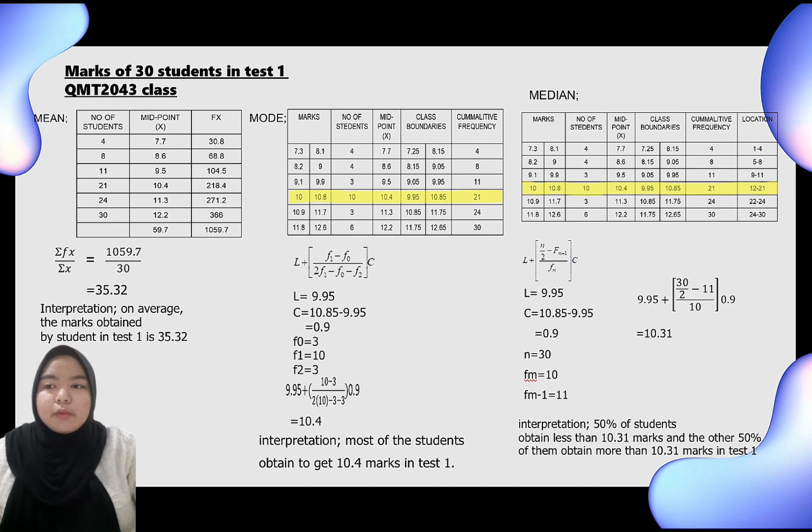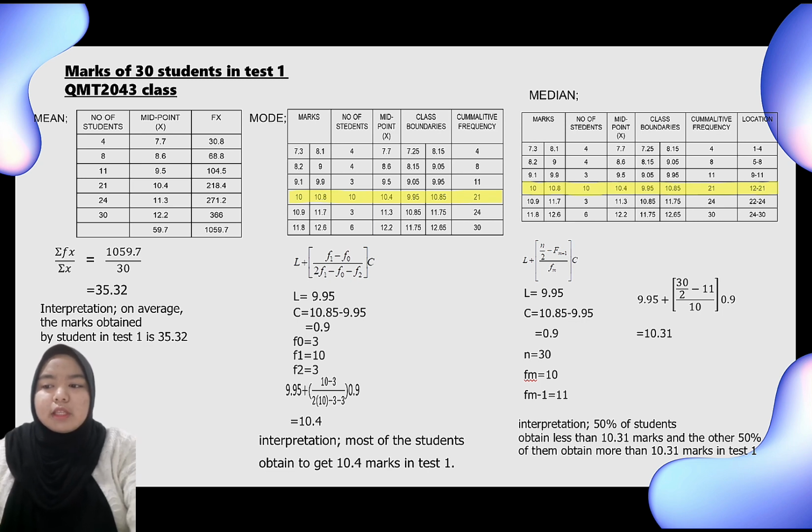After that, we should find the mode. This is the mode table. In the mode table, we have mark, number of students, midpoint, class boundaries, and cumulative frequency. I highlight some parts because I want to use that information to enter in the formula.